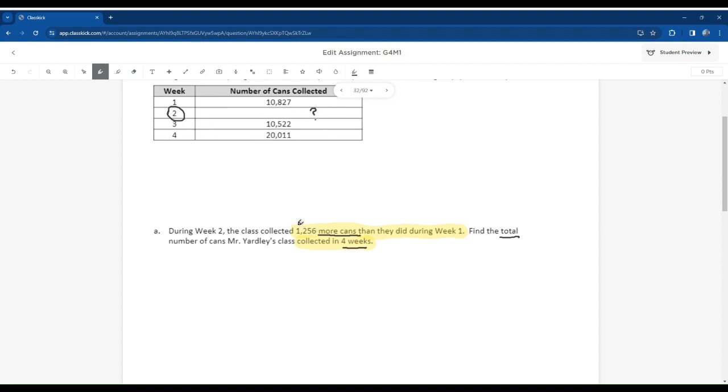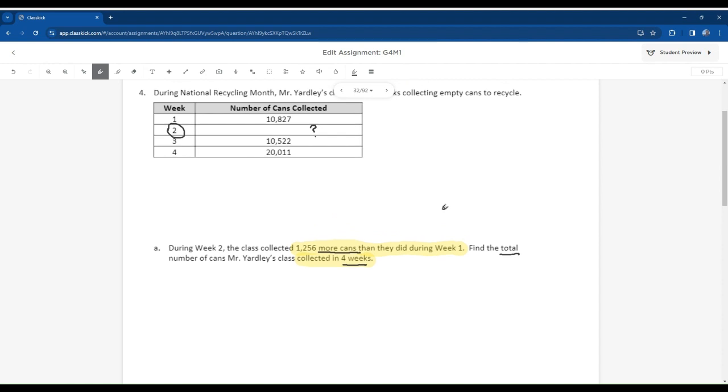So the class collected 1,256 more cans than they did during week 1. So this really ends up being an addition problem because however many cans they collected in week 1, we would be adding 1,256 more cans.